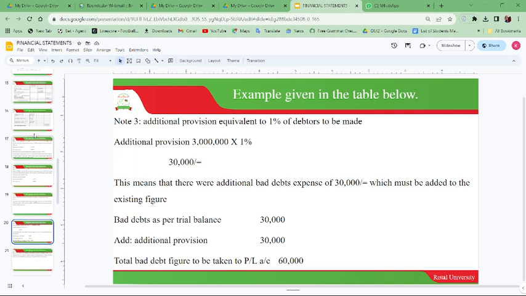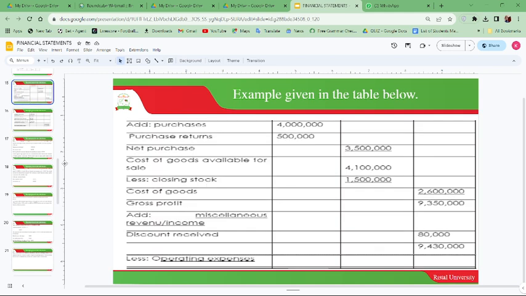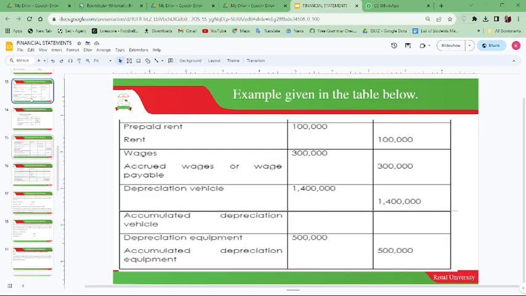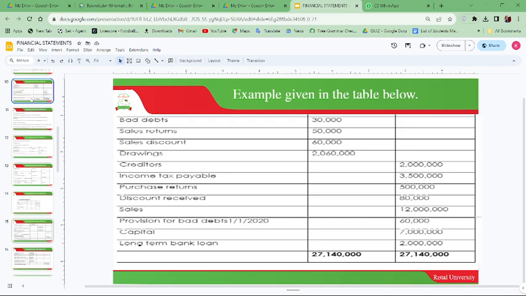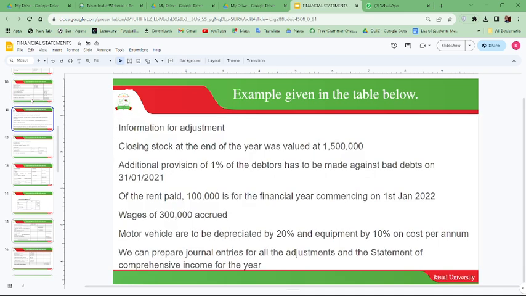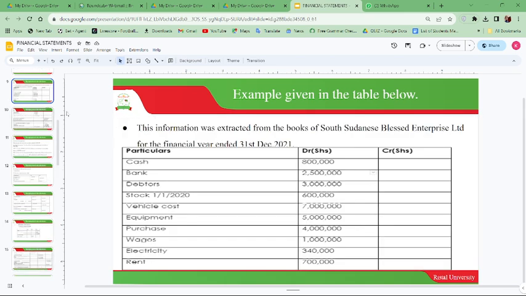So in our question, we have to see our debtors. Our debtors were 3 million.